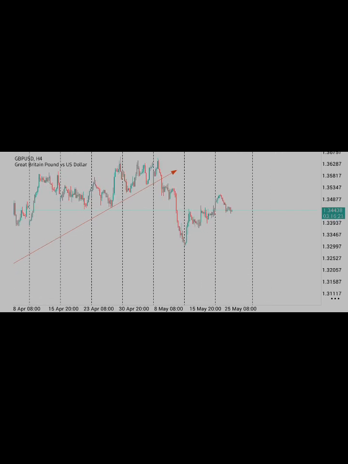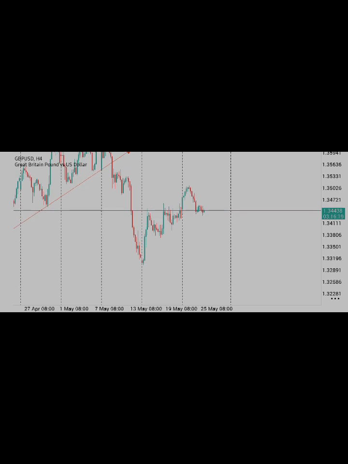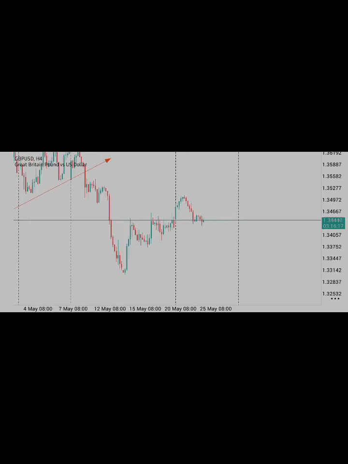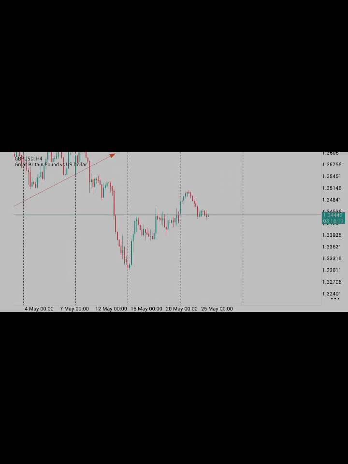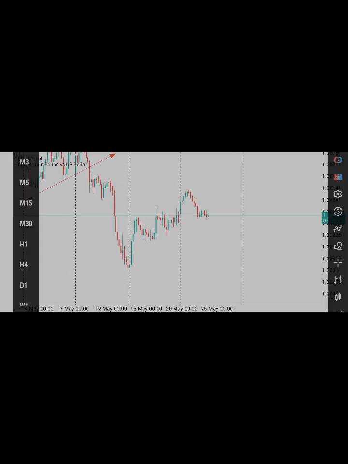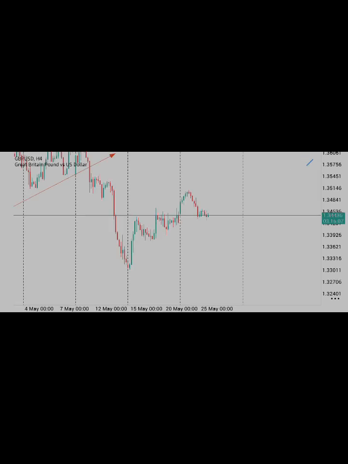And again, another thing you will see here is a chart pattern that is being formed here. This is a clear bullish flag pattern. Let me show you guys. This is it. You can see a trend here. You can see another one here.